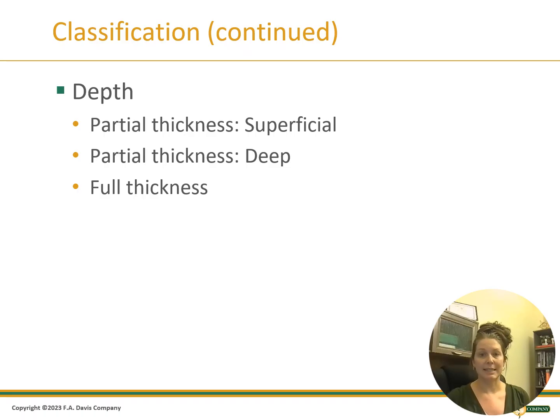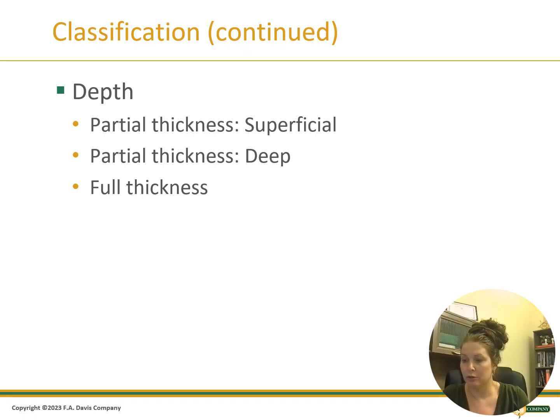A partial thickness deep, that was referred to before as a second degree burn. That's going to involve our epidermis and then part of our dermis. It'll appear moist, blistered, a reddish pink, may look mottled. It's going to be very painful and hypersensitive to touch and to air blowing on it.